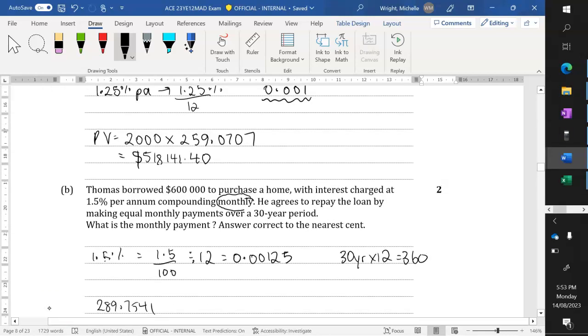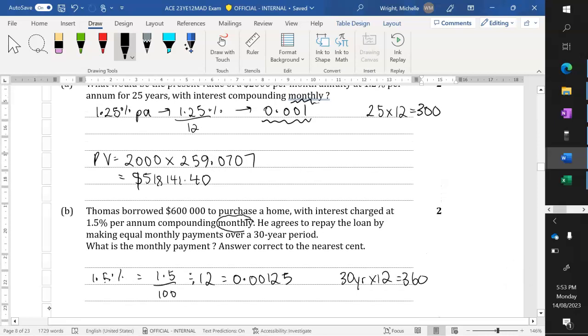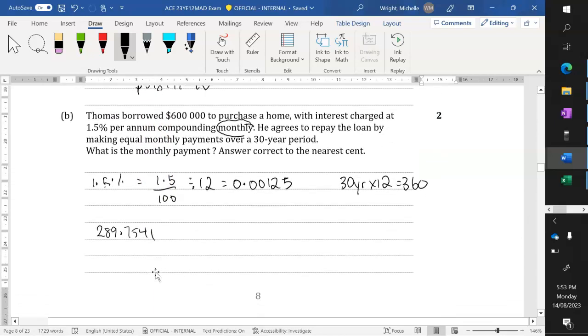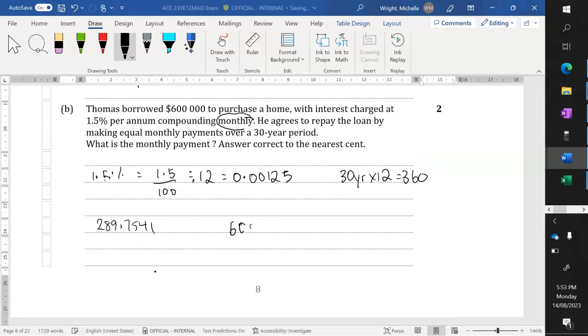So this question is basically the reverse of the last time. We now have the present value and we want to find, like our 2,000 amount that we're popping in each month, what that is for this question here. So I've basically got 600,000 is equal to something times my rate, and that's something I want to find.